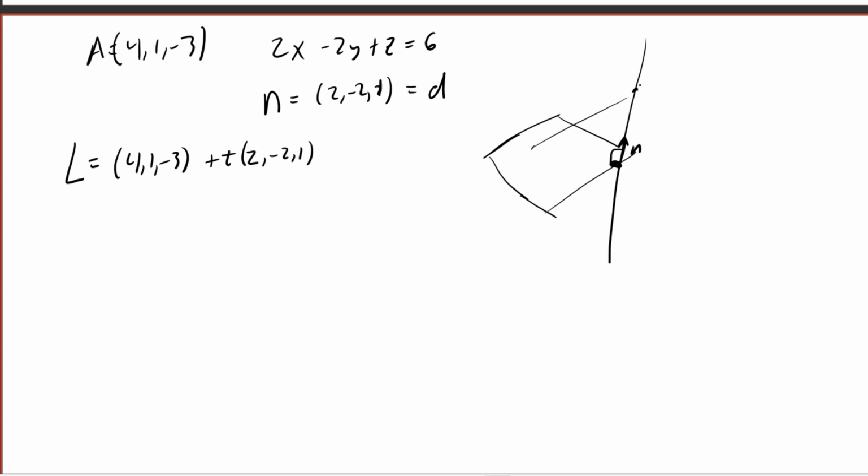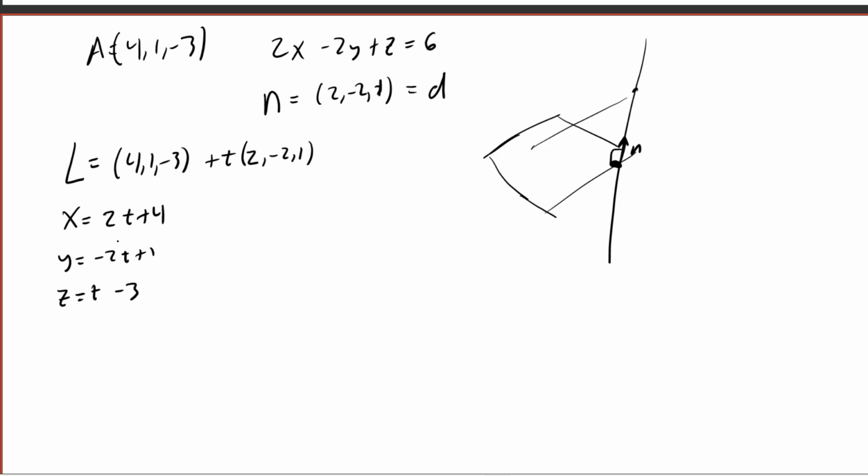Okay, so now I want to find where this intersects with the plane. Let me go ahead and do this. I'm going to write this in parametric form. So I have x = 2t + 4, y = -2t + 1, z = t - 3.